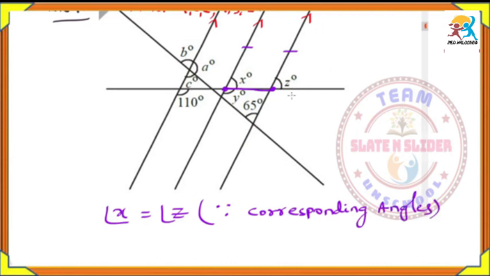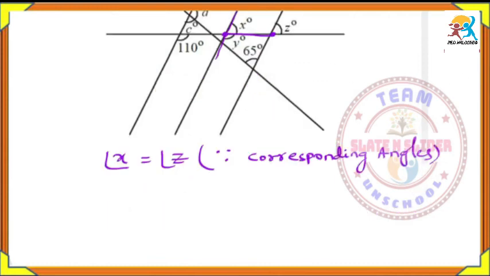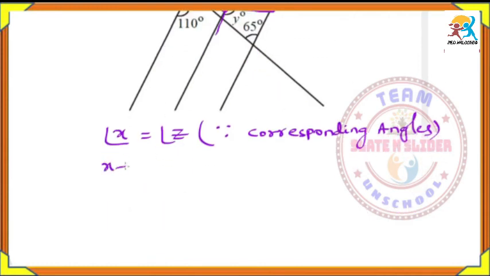And this X plus Y, just observe. Actually, this X and this Y, these two angles are on the same line, on this line. So, these two angles are called linear pair. That means the sum of the two angles is 180 degrees. We can write that angle X plus angle Y is equal to 180 degrees. Here the reason is since linear pair.